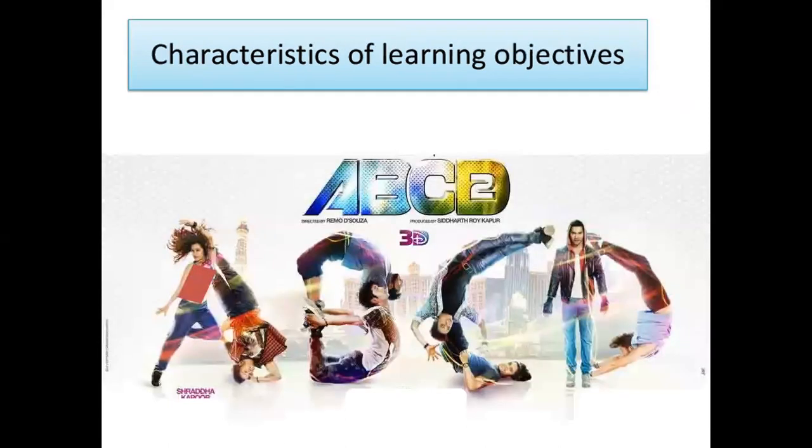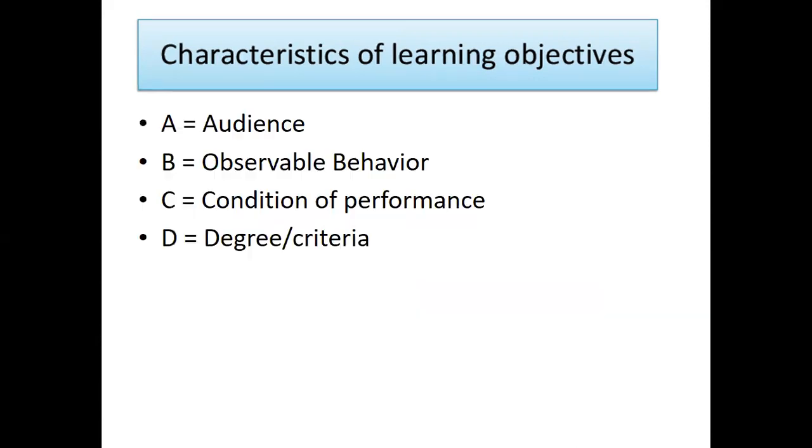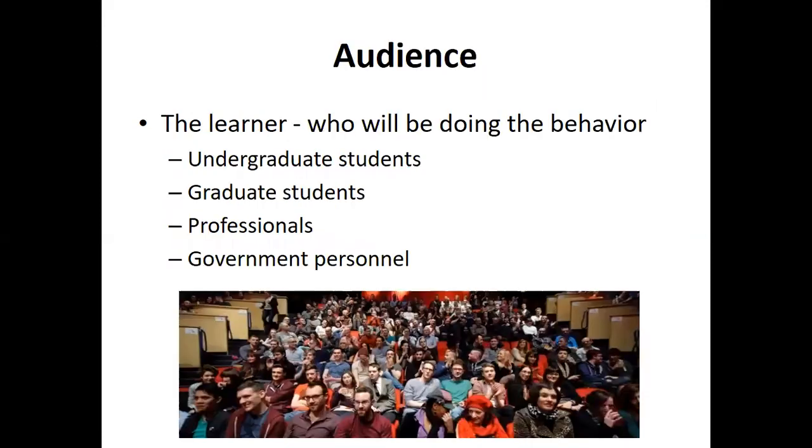Another acronym which is used for characterizing learning objectives is ABCD. Not that anybody can dance, but it simply means audience, behavior, condition, and degree. So this ABCD means: who is the audience, what is the observable behavior, what is the condition of that execution, and what is the degree.